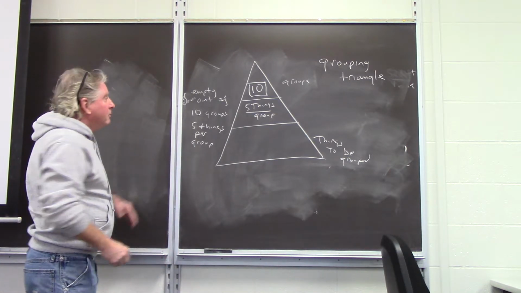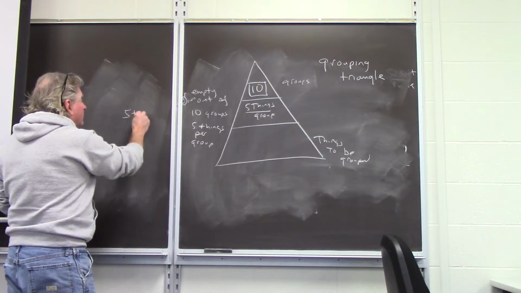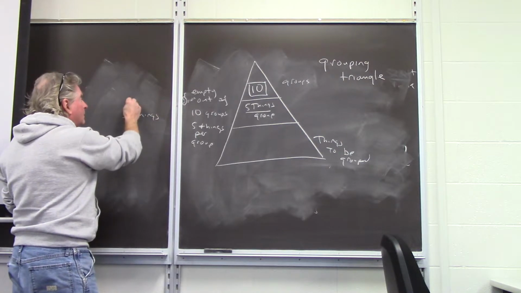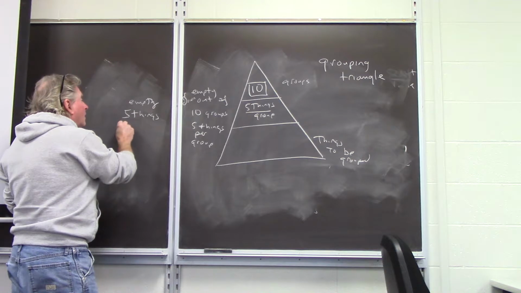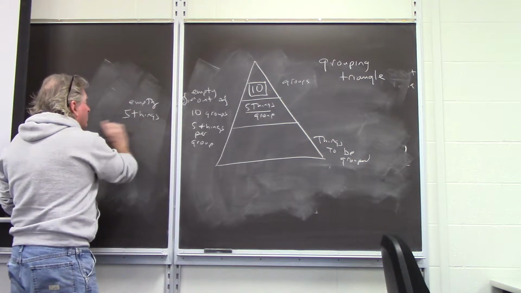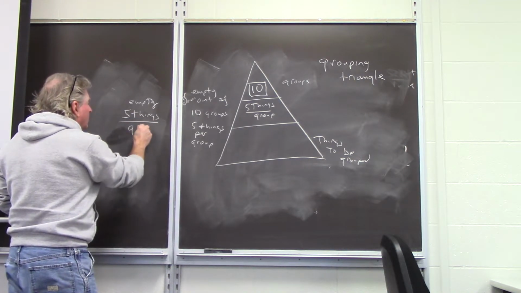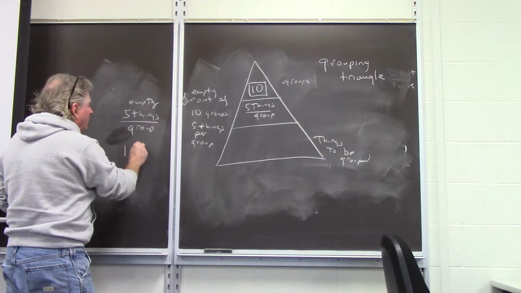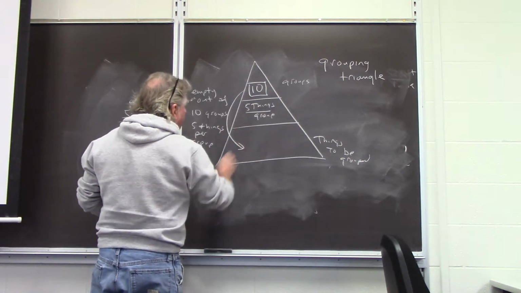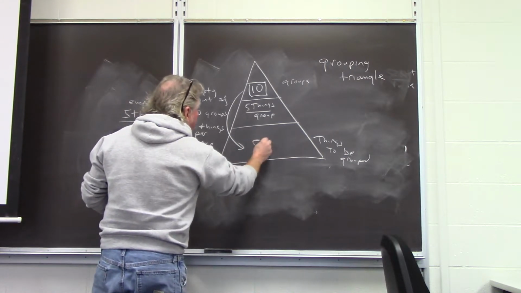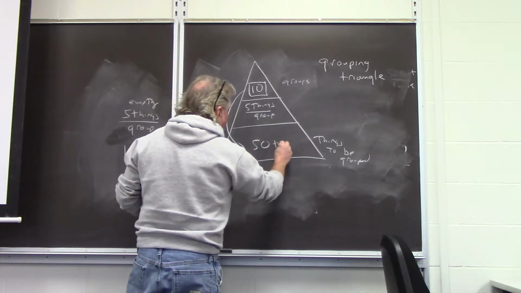So we basically do 5 things, 10 per group, 10 times. And we end up with 50 things.